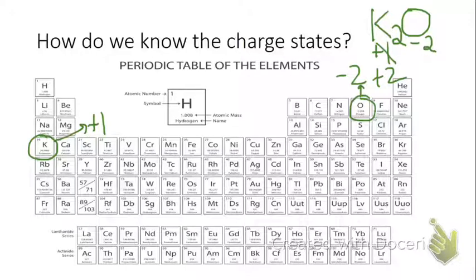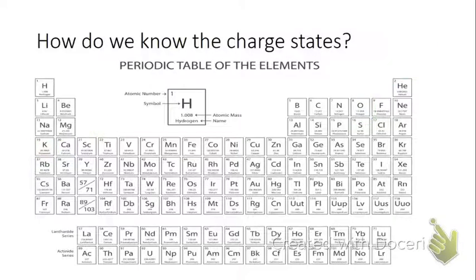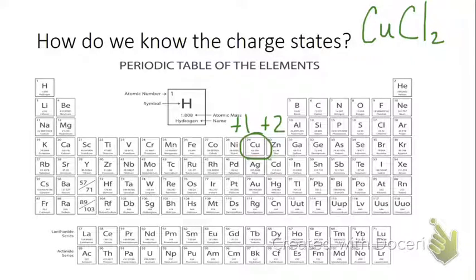Let's look at another example. Let's look at copper chloride. Let's name this compound. Copper can take two states, either a +2 or a +3. Or, excuse me, a +1 or a +2. So here's copper. It is a transition metal. I said it could take a +1 or a +2. Chlorine is over here.